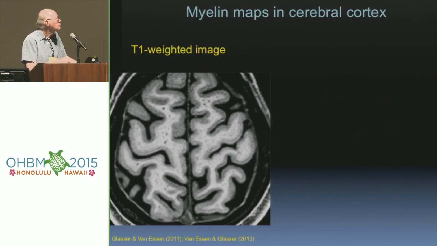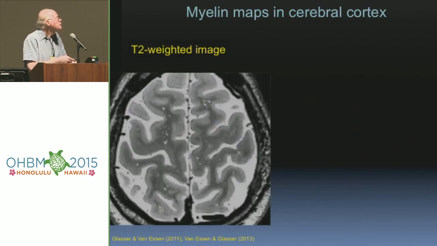Another corollary of things that change in a regional way are the myelin patterns that I touched upon before, and you'll hear more about from Matt Glasser. Just to give you a quick illustration, in a structural image like a T1 weighted image, there are some regions that are brighter and some regions that are darker on average in the cortical ribbon. In a T2 weighted image, it tends to be the opposite.